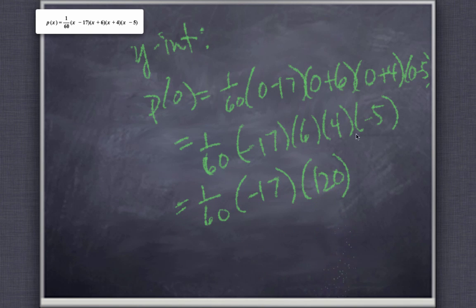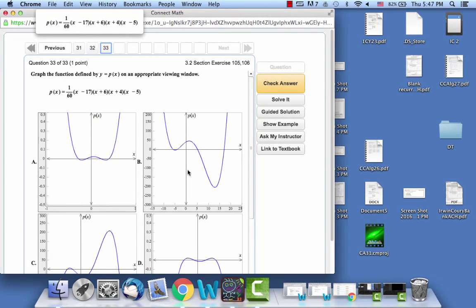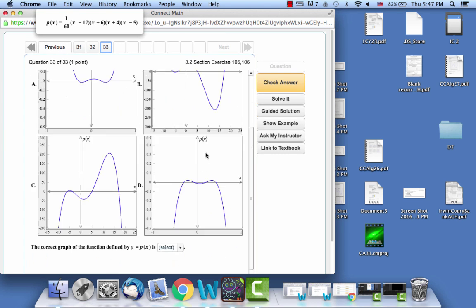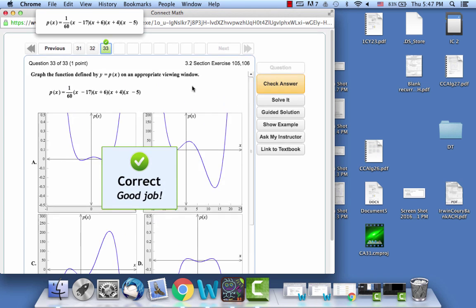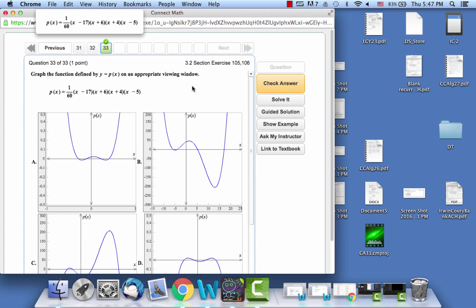The reason I multiplied these three and kind of stopped is because 120 over 60 is 2. So the y-intercept is 34, which is not the case here and is the case there. It looks a little higher than 34, but I assume it is. So it should be B. Okay, so that wraps up this section.